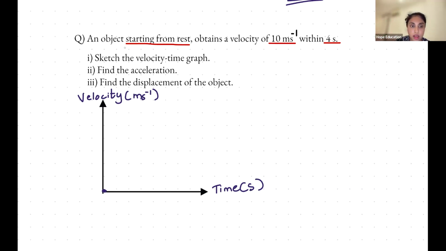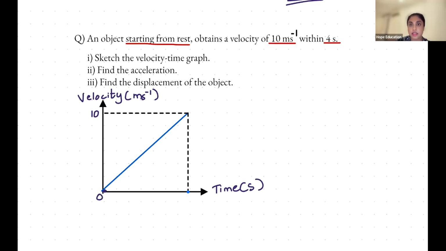So this graph, starting from here, goes like this. And here what should be the velocity? The object has obtained a velocity of 10, so here the velocity is 10. And here 0, and here the time is 4.